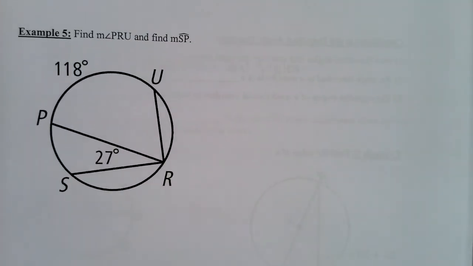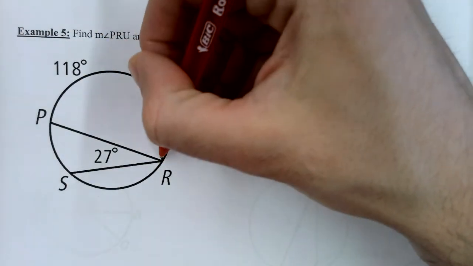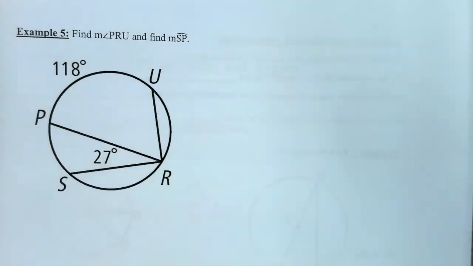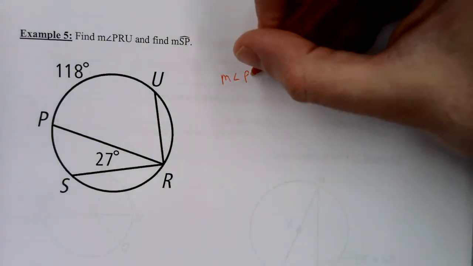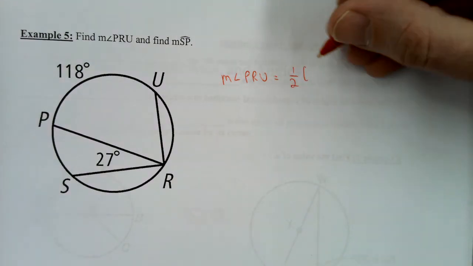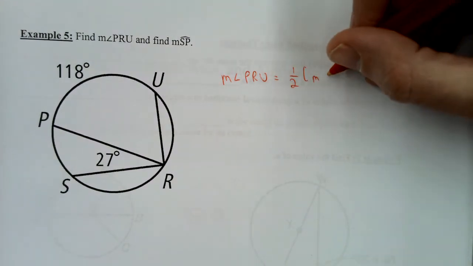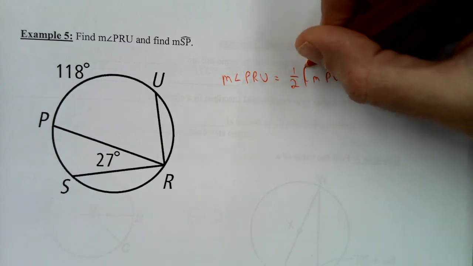Find the measure of angle PRU. Okay, so PRU is an inscribed angle, so it's half the arc it intercepts. So the measure of angle PRU equals 1/2 of 118. Before I do that, it's 1/2 of PU.